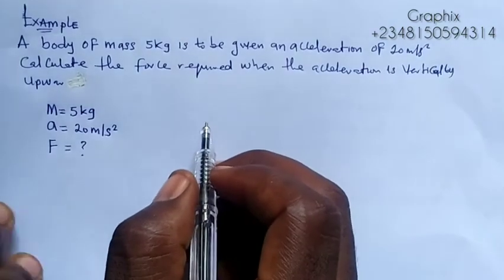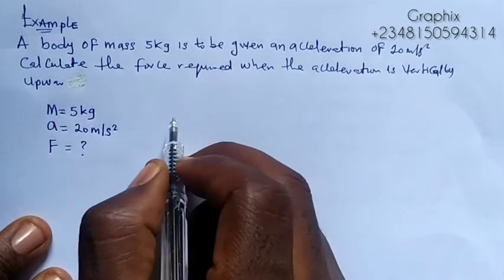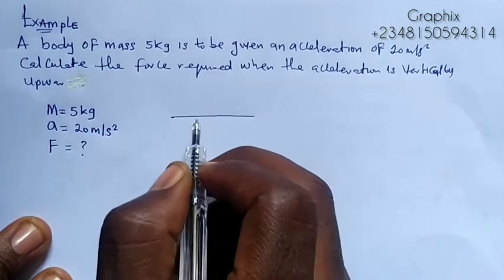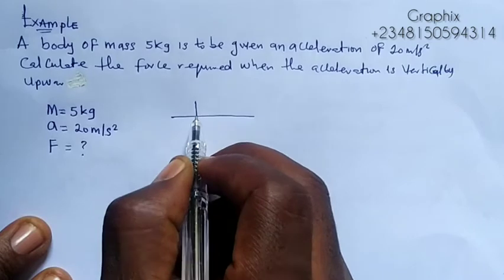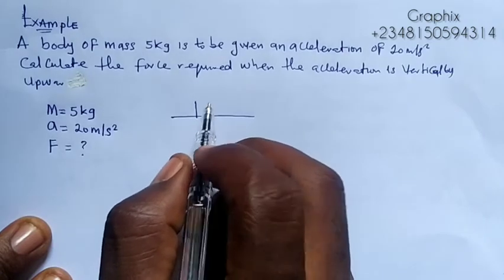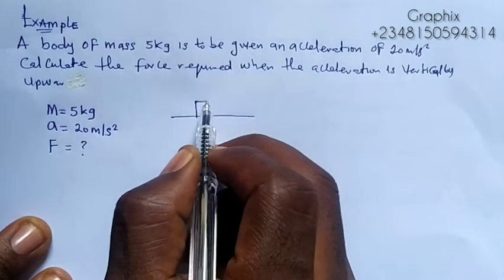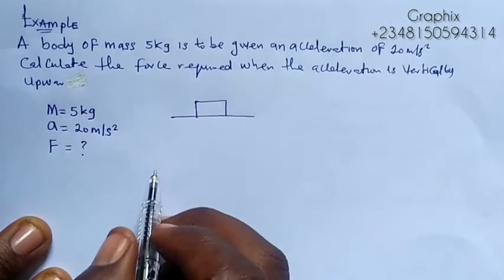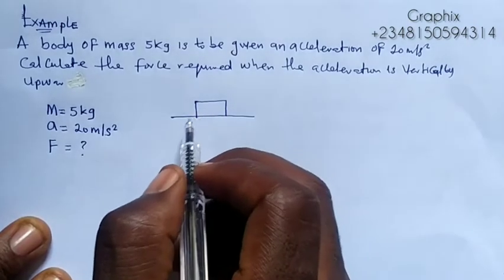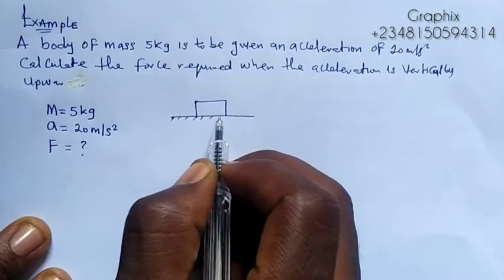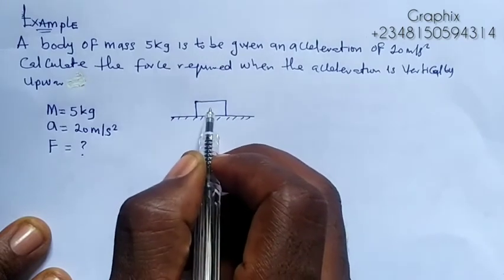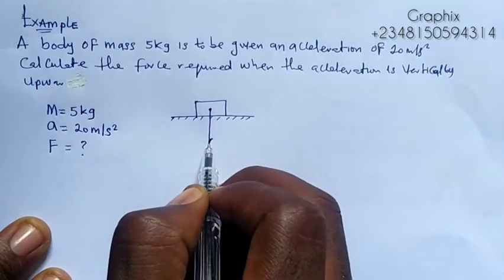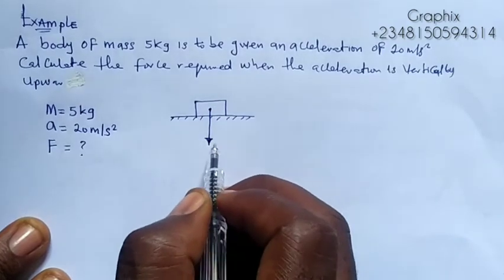So now let's assume that this is our horizontal ground and this is the mass placed on the ground. Now we know that when you place any object on the ground, it has a weight acting downward, which is given as what?